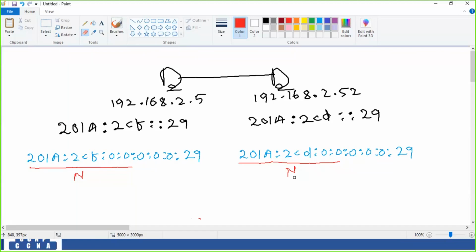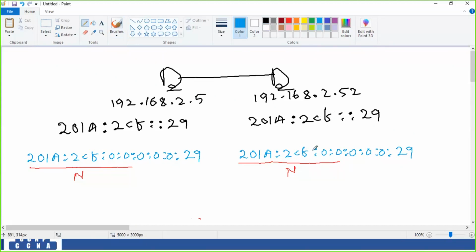So in IPv6, the logic is first 64 bits are network bits, which means first 4 quartets are network quartets. Remaining are host. Now here they don't communicate. If you want to communicate, you can change the network portion. I'll make it as 2CF here. Now will they communicate?